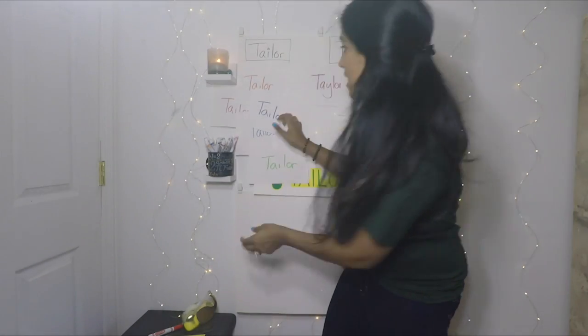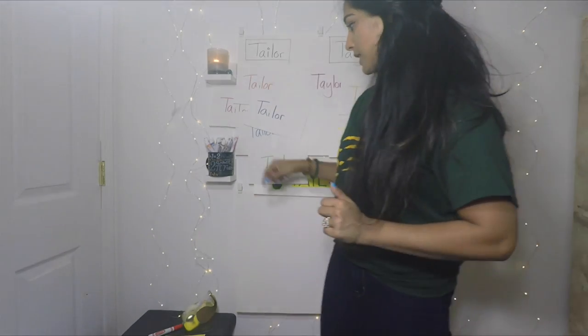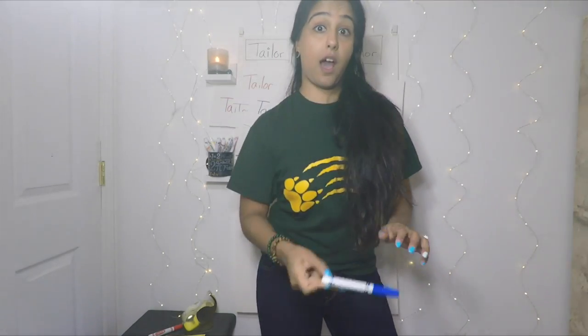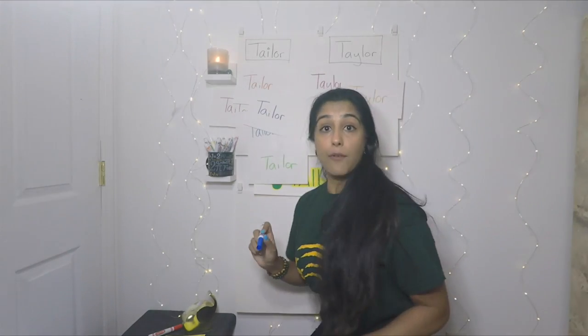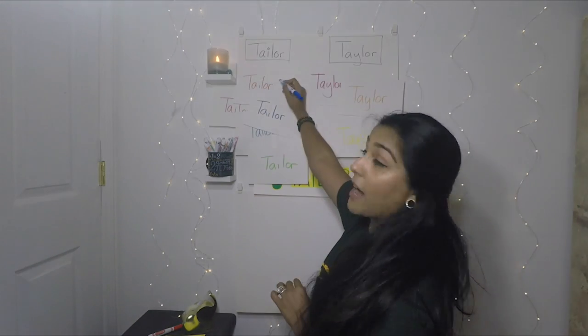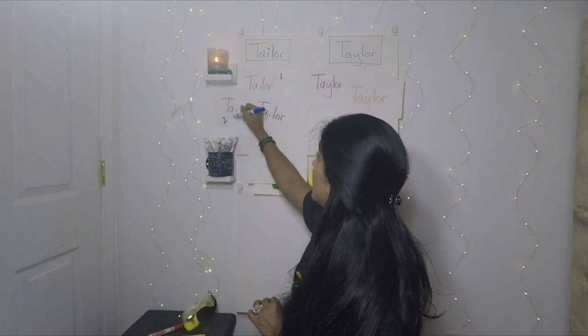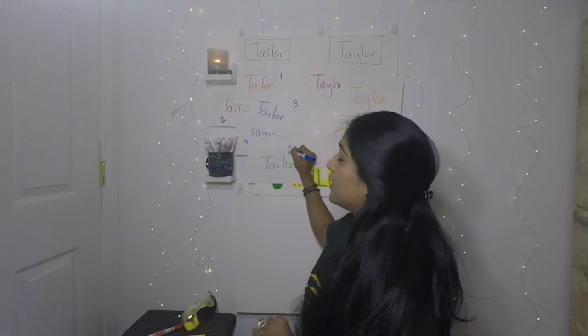Now, let's count up how many Tailors with an I that we have and Tailors with a Y. So this way we can put our like terms together. All right, I'm going to use blue for Tailor with an I. How many Tailors with an I do we have? Count out loud. You got it.